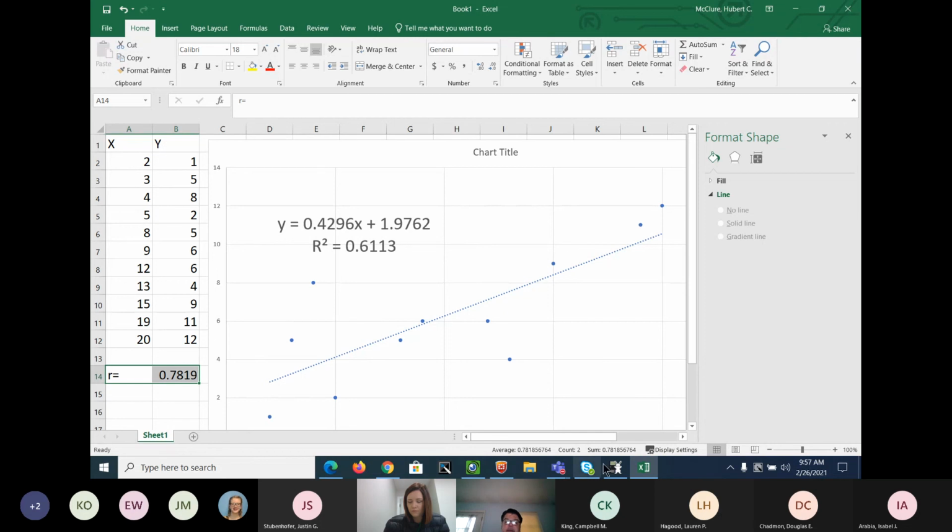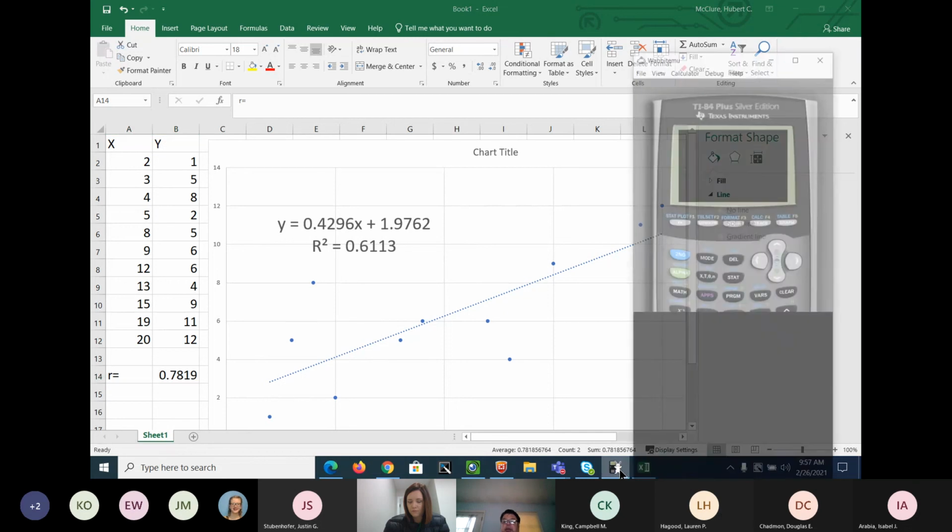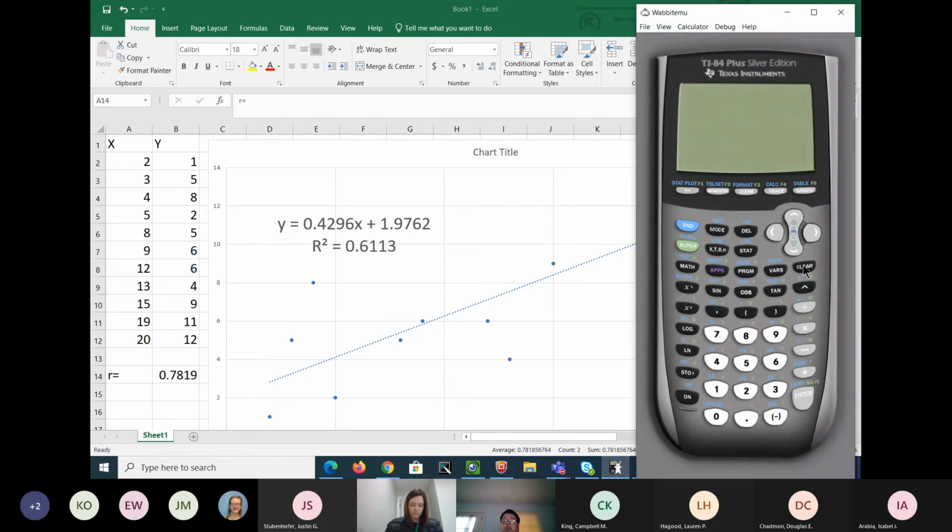Here we go. Take your handy dandy calculator, hit stat, edit, and I'm going to plug them in. 2, 3, 4, 5, 8, 9, 12, 13, 15, 19, and 20.